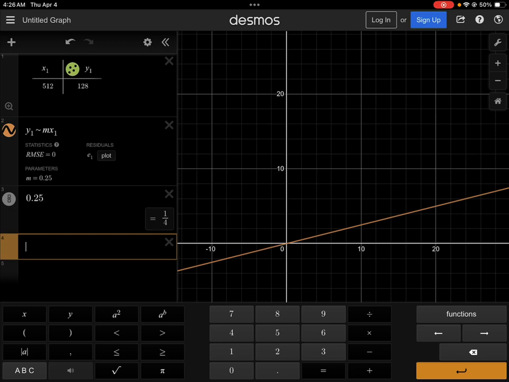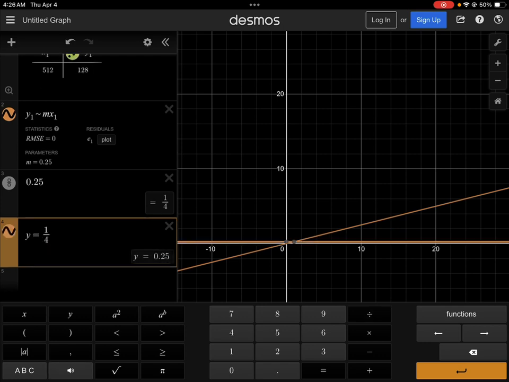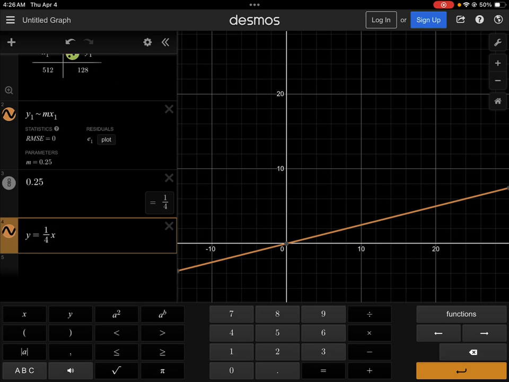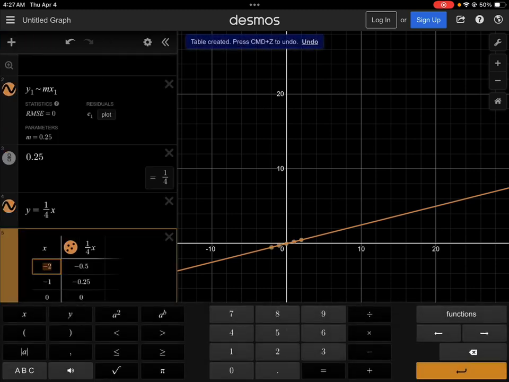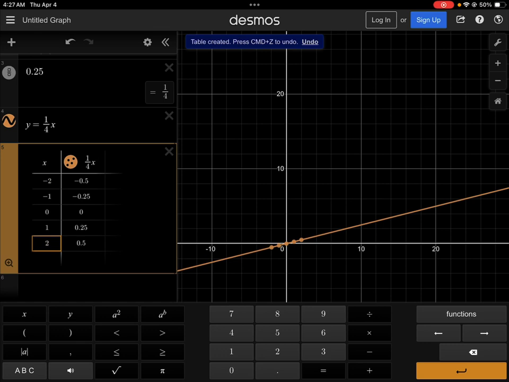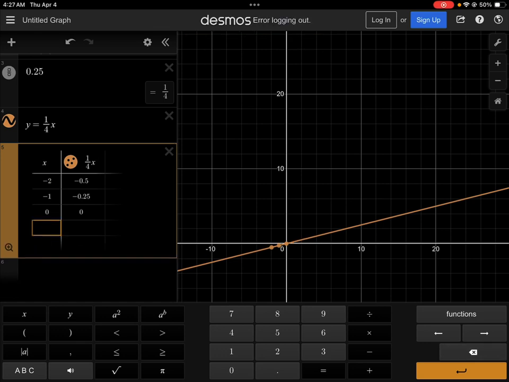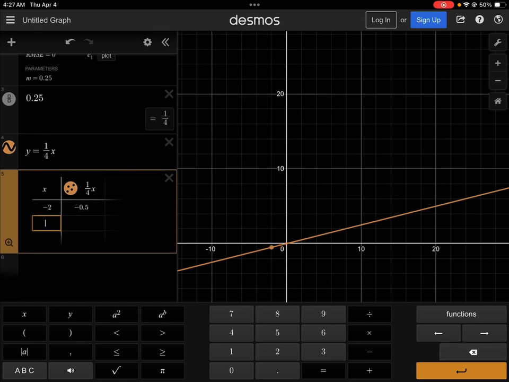So now that I know the slope, I know the equation, and the equation is y equals 1 over 4 x. And when I know the equation, I can get the table. So I'm going to hit the wheel, then the table, and it's going to give me a table. I don't need those values, so to avoid confusion, I'm going to get rid of them.